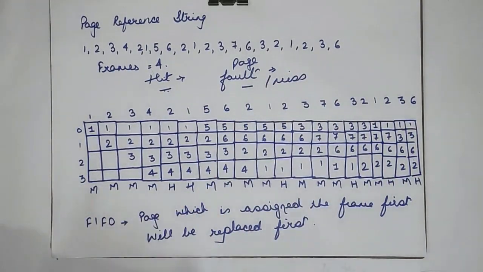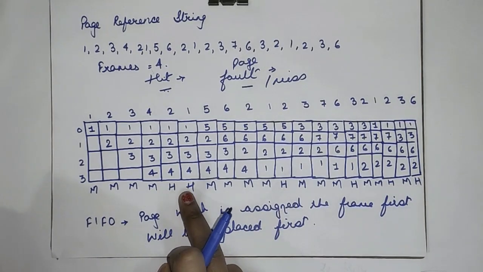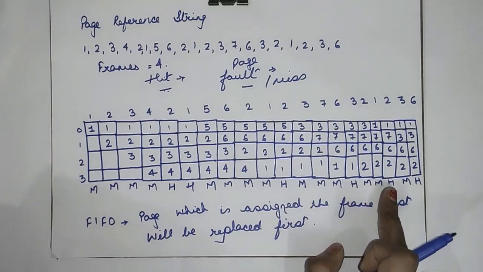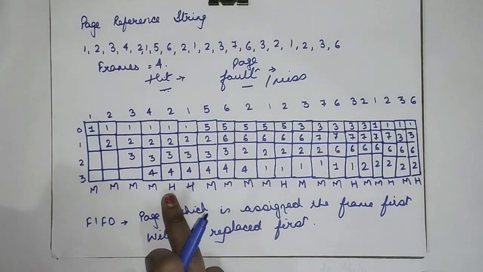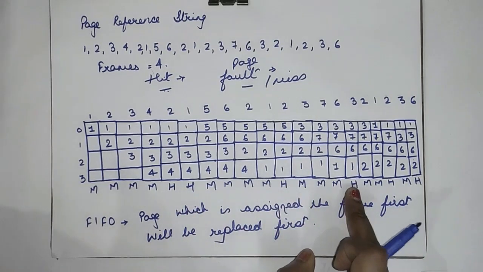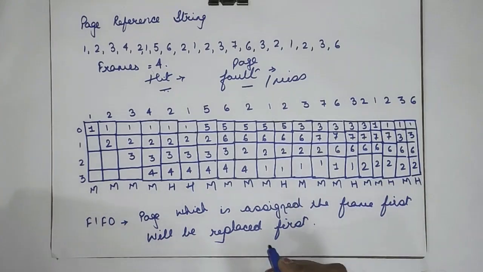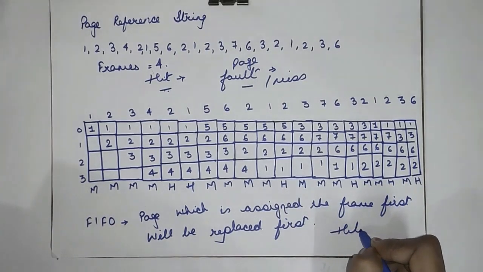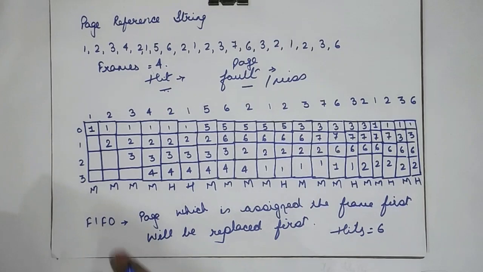So I had to compare the number of page faults. So let's check how many hits you got. 1, 2, 3, 4, 5 and 6. So the number of hits I got over here is 6 and the total number of pages is your 20.